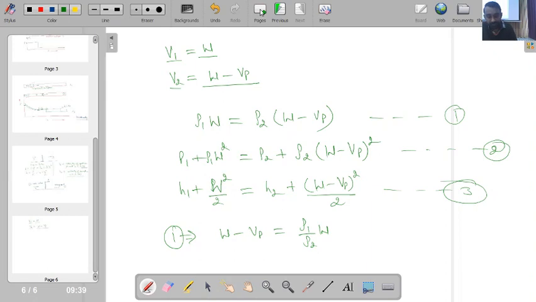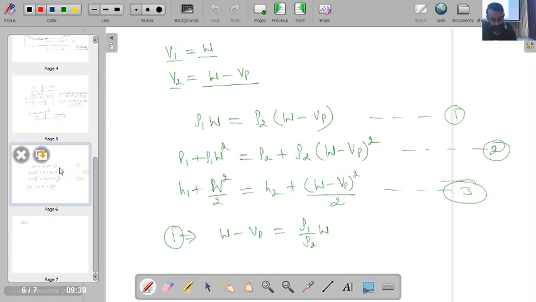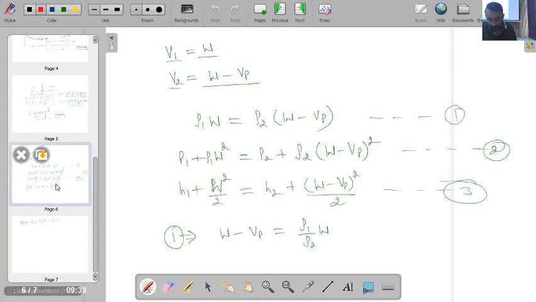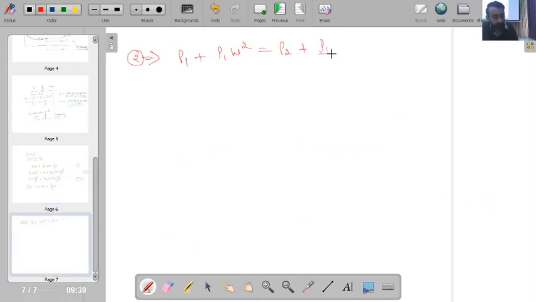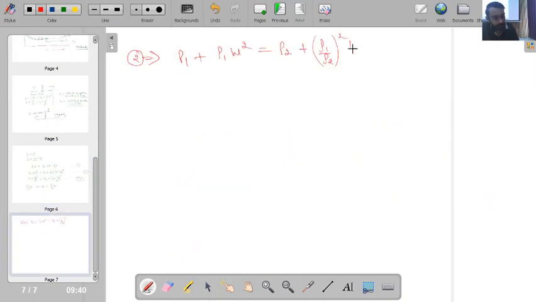So equation number 2 becomes P1 plus rho 1 W square equal to P2 plus (rho 1 by rho 2) square into W square into rho 2.